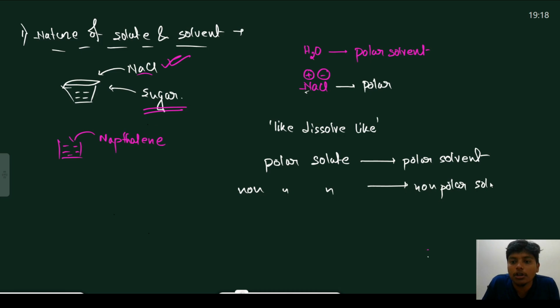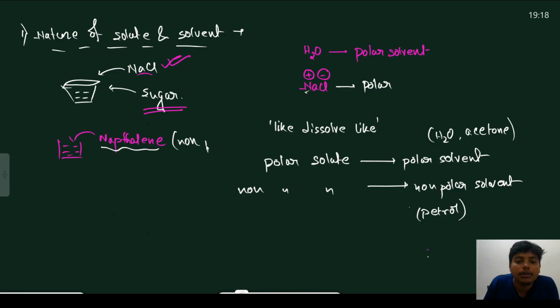Now, what are non-polar solvents? All the hydrocarbons are non-polar solvents. For example, petrol, kerosene. All these are called non-polar solvents. Polar solvents are water and acetone. Clear or not? So you take naphthalene. Naphthalene is a non-polar compound. So by like dissolves like, it is not soluble in water. It is soluble in petrol or a non-polar solvent. Understood the concept?